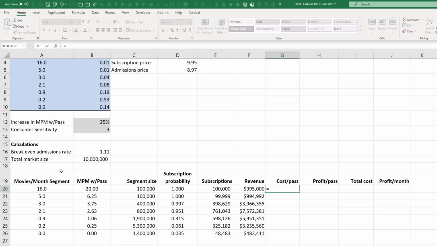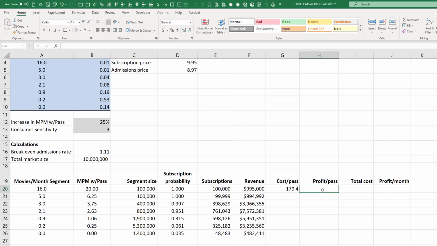So that is a 25% increase. So each pass in this segment will go to 20 movies per month, multiplied by the admissions cost. Okay. So that will be the cost per pass.